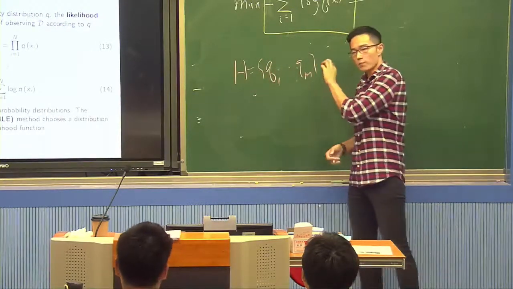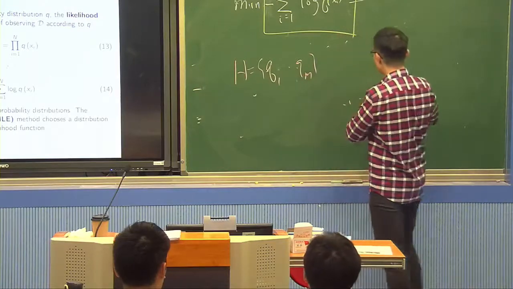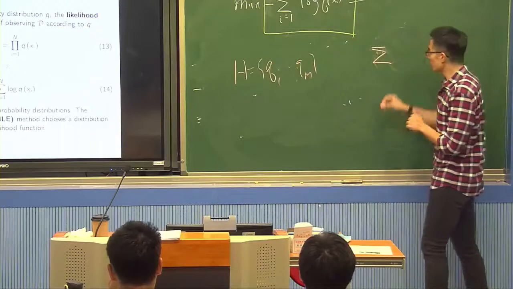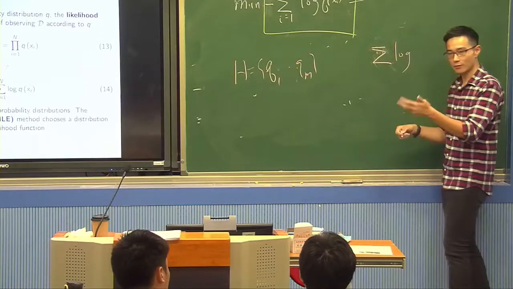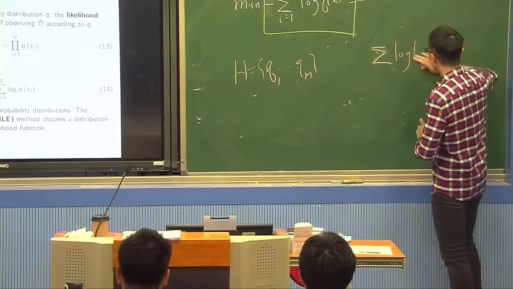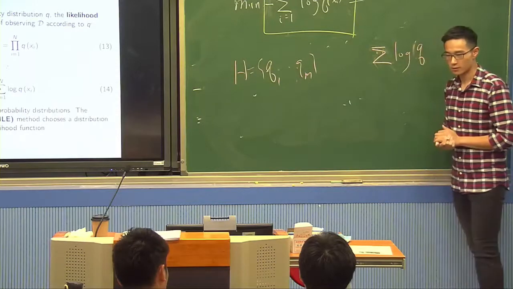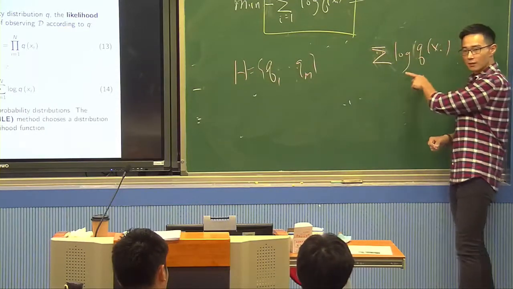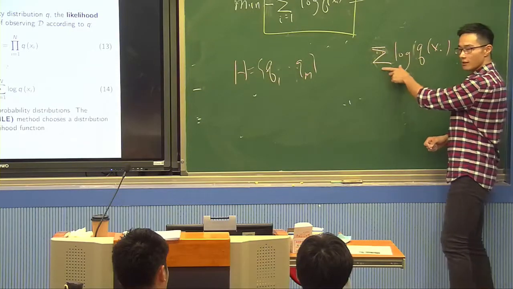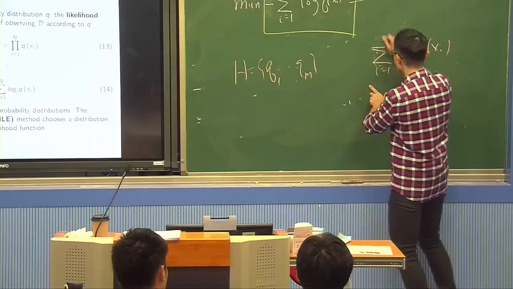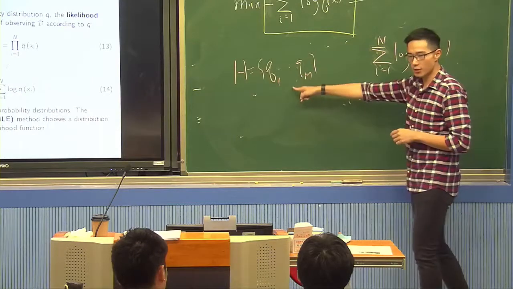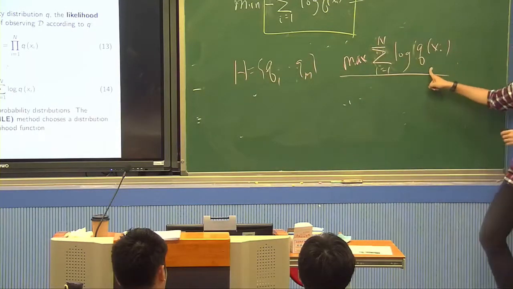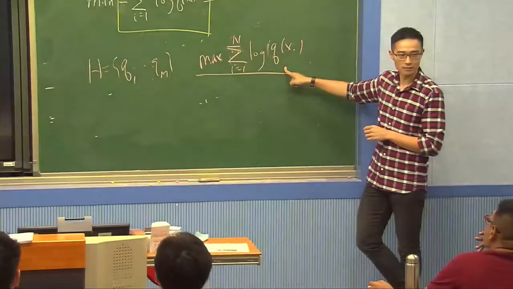How do I pick a Q? Well, I calculate the sum of the log of my hypothesis Q, Q of xi, log, summed together over i from 1 to n, and then I choose the Q that maximizes this. That's maximum likelihood.